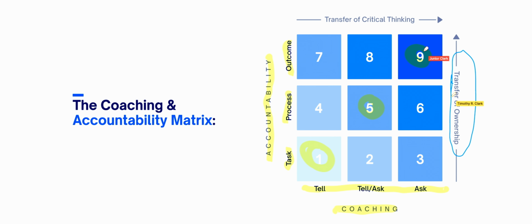And then opposite the horizontal axis, we have transfer of critical thinking, and that's what happens as we move toward the ask end of the coaching continuum. So those are those two goals that are always the objectives of coaching. And so we're just making those explicit on those other opposite sides of this matrix.